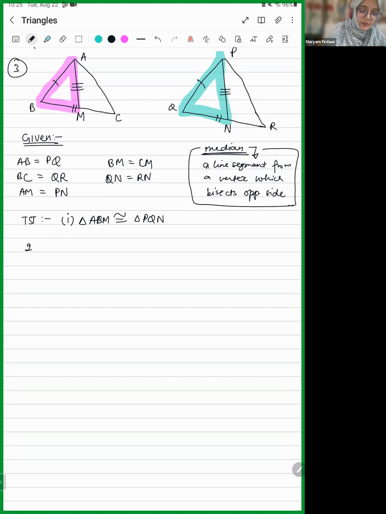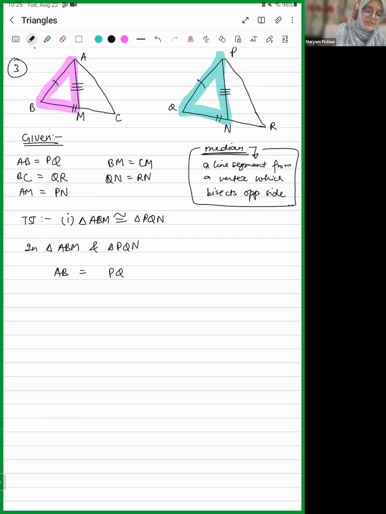Now in triangle ABM and triangle PQN, we know that AB is equal to PQ. What else is equal, Avni? BM and QN are not given to us as equal.